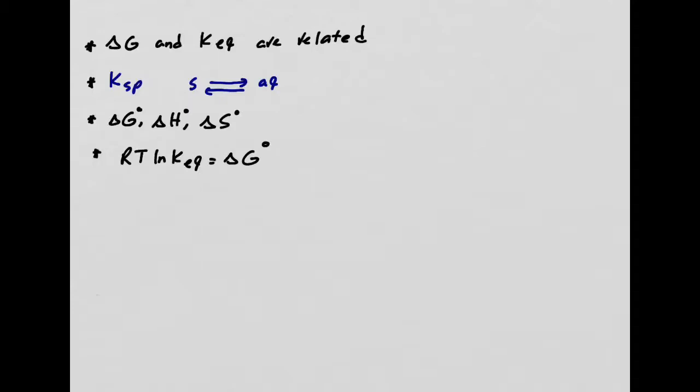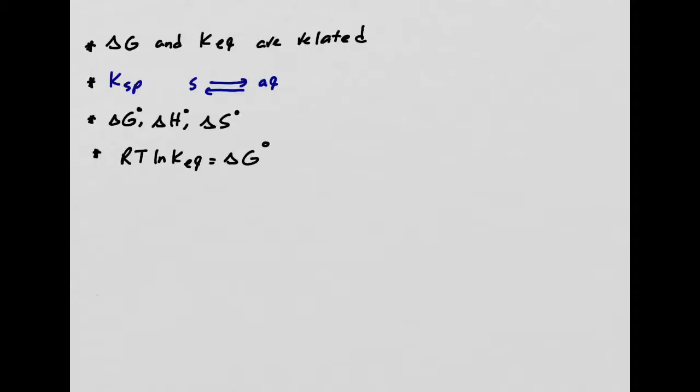Now, I want to do something to this. So it was RT times ln of K equilibrium equals delta G. What I'm going to do is change this just a little bit.